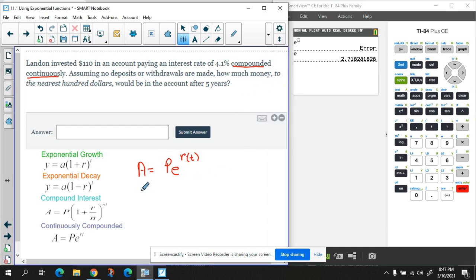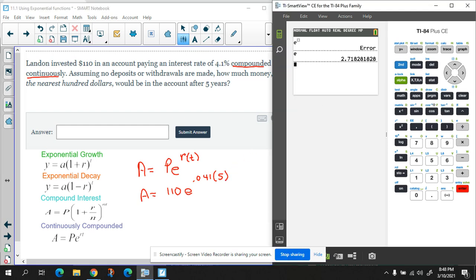We're going to go ahead and do this problem, and I'll show you how to type it in. For this one, the principal that they gave us to work with is $110 times this fun number E, 2.718281828, and it continues. The rate, 4.1%, needs to be changed to a decimal, 0.041, for 5 years.